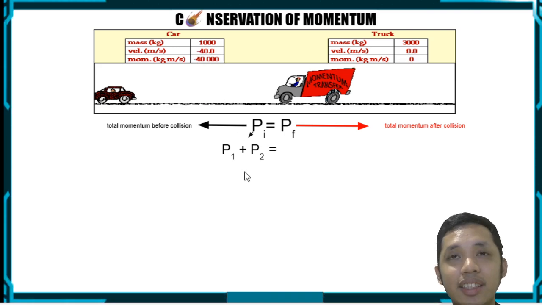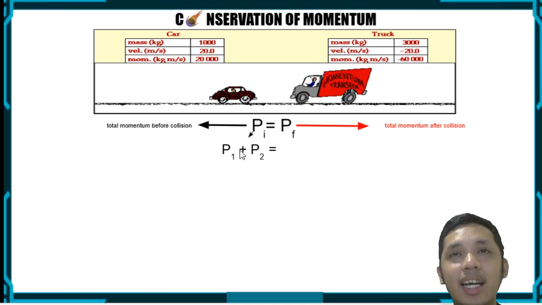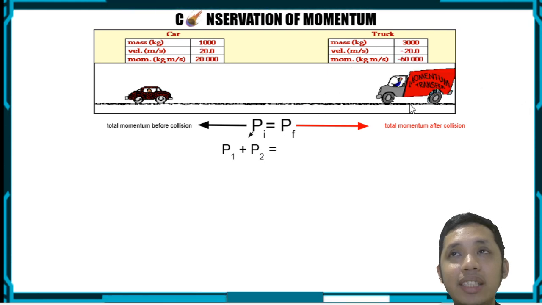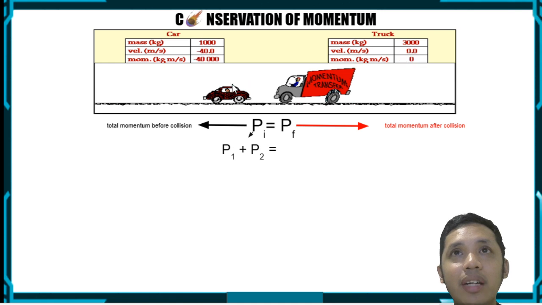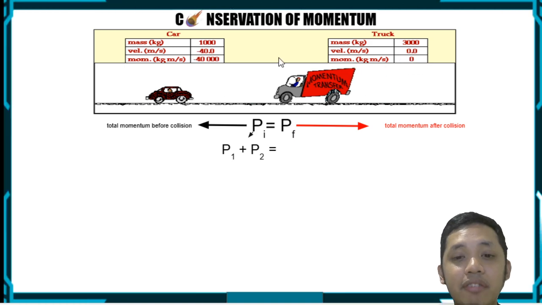So, that is the 20,000 kilograms meters per second in this case. And then for P sub 2, that is the momentum of this second vehicle before it collides with this car. And in this GIF, its amount is negative 60,000 kilograms meters per second.